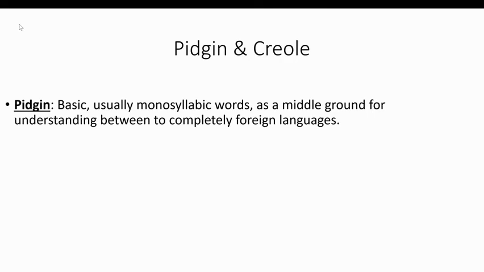So, if a colonizer comes over, they're going to make the subjugated people learn their language. Well, the subjugated people don't always speak it as perfectly well as the colonizing language people speak it. And so they're going to make kind of a rough combination between their language and the colonizer's language, and often it won't be very grammatically correct.